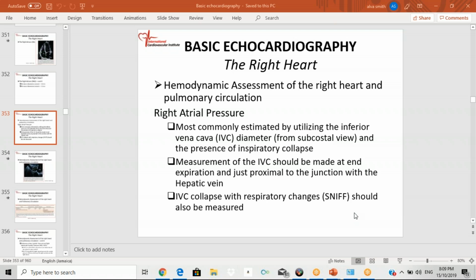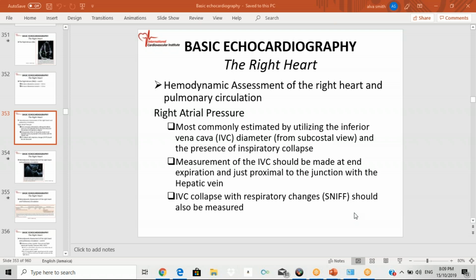And then we look at how to assess chamber size, because when the RV, or the right side of the heart, is not functioning properly, the size will be affected and the function will be affected. So function and size is very important.